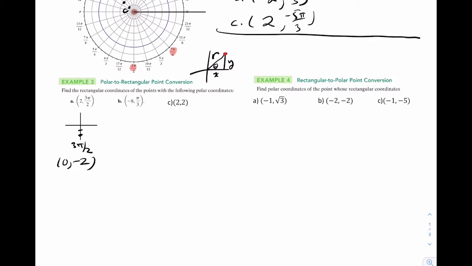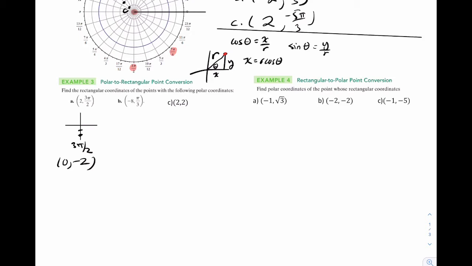Let me draw a line for you. We can say that cosine theta is x over r, and sine theta is y over r, which would mean x is r cosine theta, and y is r sine theta. So again, I'm going to write that right here for you. X equals r cosine theta, y equals r sine theta.